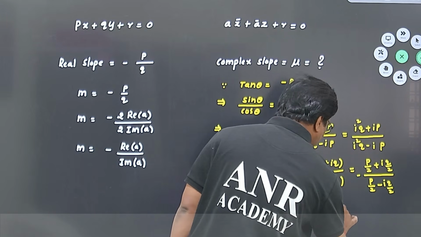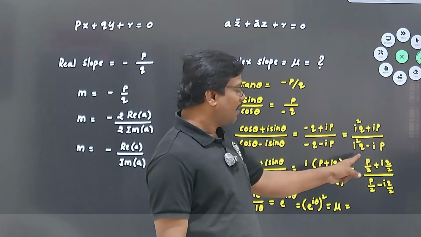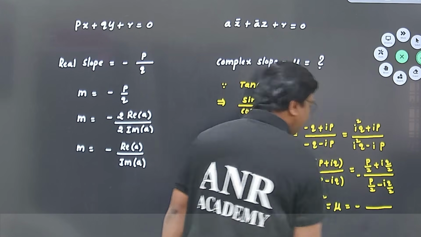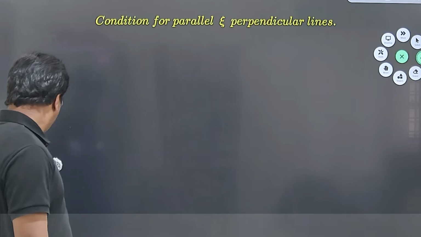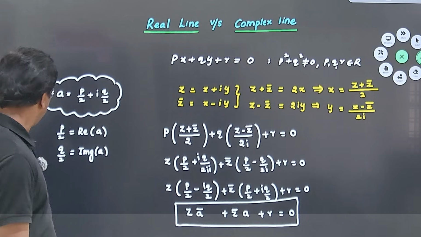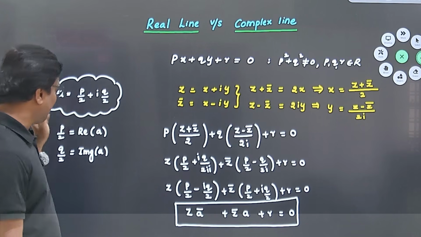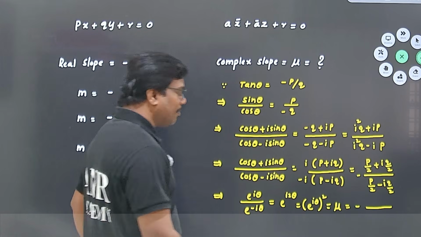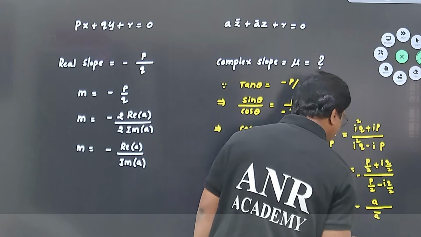So you can write the symbol mu and observe here, negative sign you have outside. Next, p by 2 plus iq by 2, p by 2 plus q by 2i, that is clearly complex number a. So that minus a divided by a conjugate.